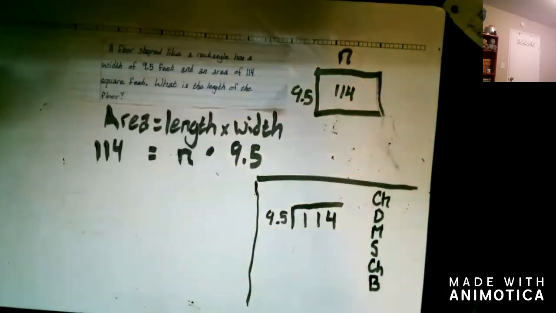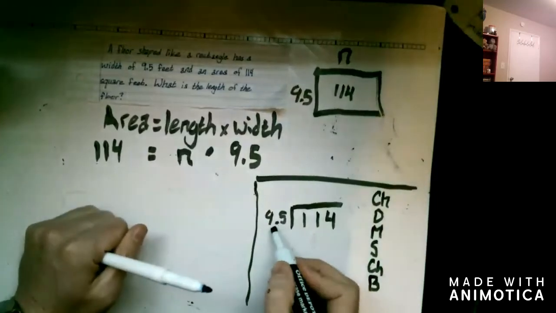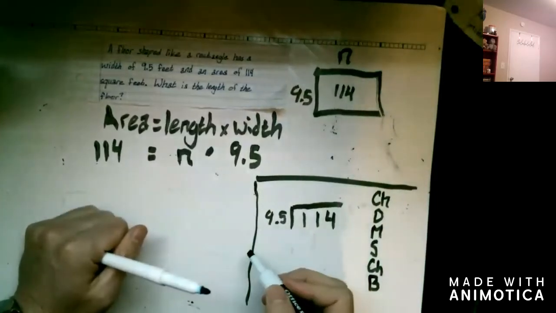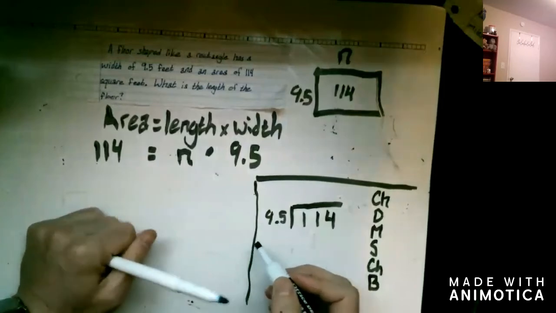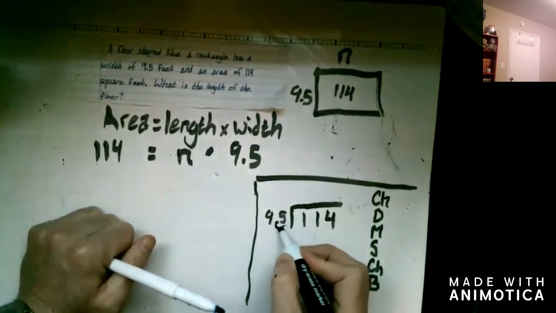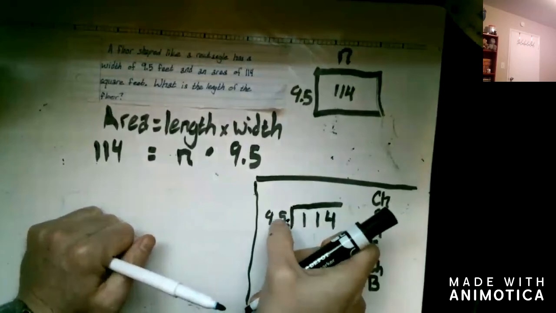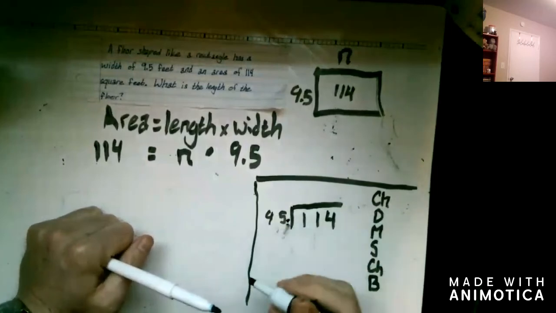And there's a lot of things we need to do right here. I'm noticing I have a decimal in my divisor, and we hate decimal divisors. And so we're going to want to change it. I want to move my decimal point one time to get it over here. That way, 95 is not a decimal divisor, and I'm fine with it.